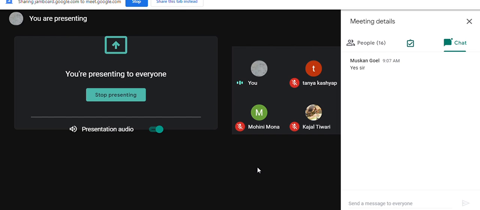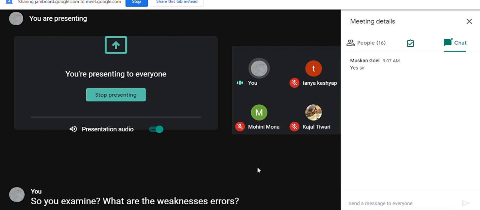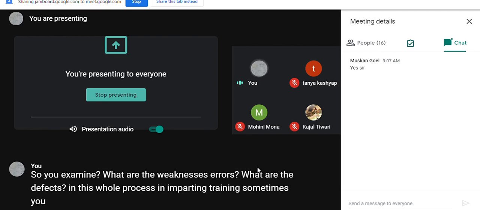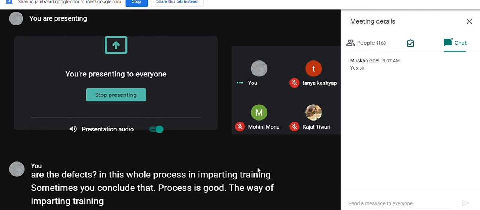So you examine what are the weaknesses, errors, what are the defects in this whole process in imparting training. Sometimes you conclude that the process is good, the way of imparting training was good, but more repetitions are needed.